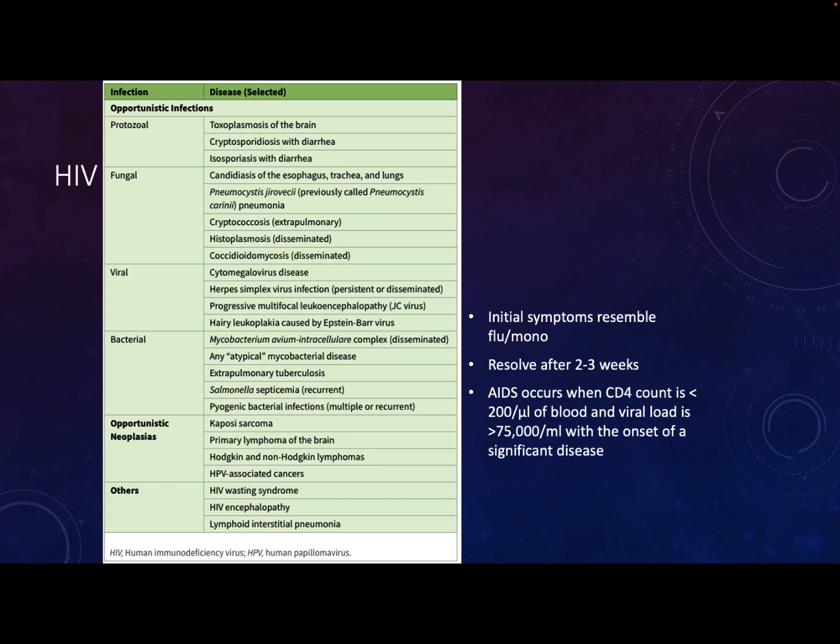It sometimes can go to the brain. Sometimes people just waste away. So AIDS occurs when the CD4 positive T cell count is below 200, it should be 200 per microliter, not milliliters, of blood. And the viral load is, again, right about 10 to the 4, 10 to the 5 with the onset of one of these diseases.